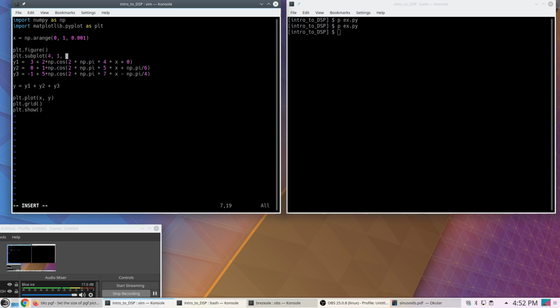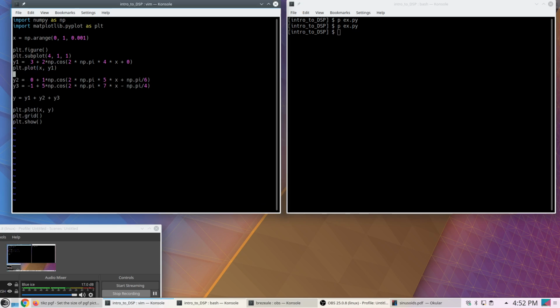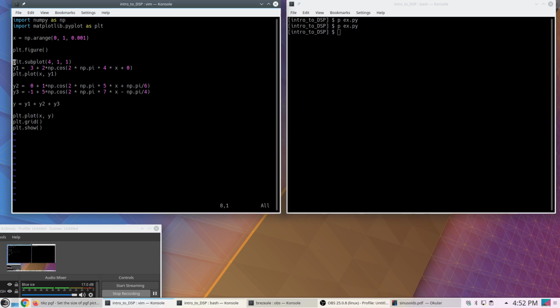So what I'm going to do is plot each of the individual ones. And so we'll take this right here. So I'm creating subplots so we can see the alignment of each of these.